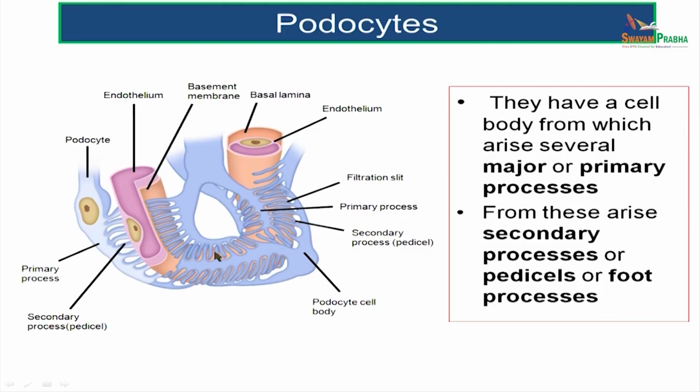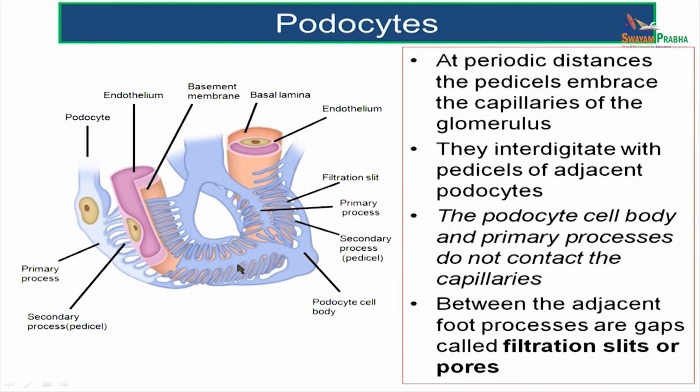What you see in this diagram is the cell body, primary process and secondary process or foot process or pedicels of the podocyte which is coming in contact with the capillary. At periodic distance, the pedicels are going to embrace the capillaries of the glomerulus.